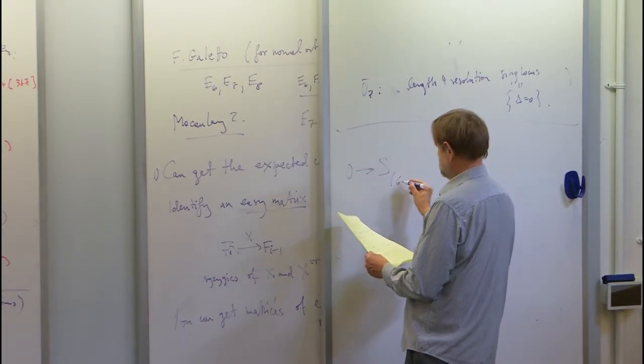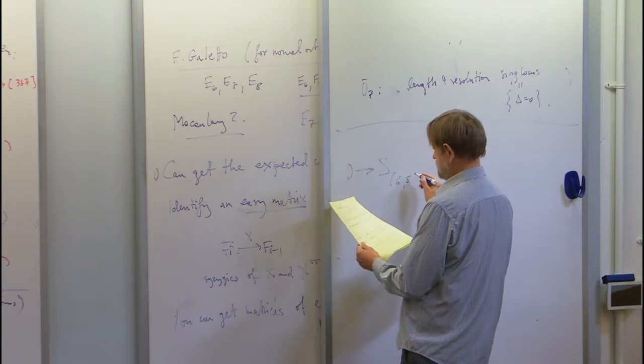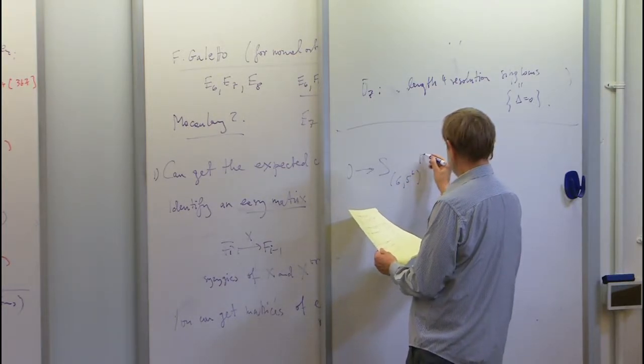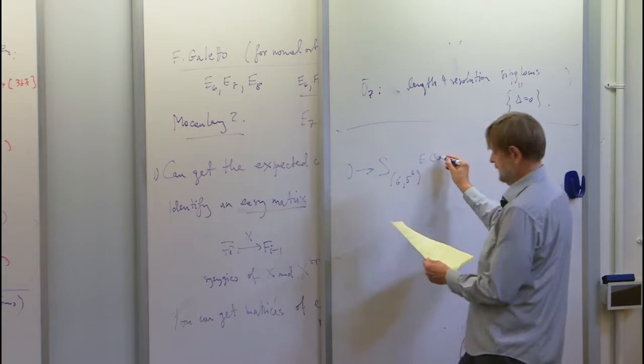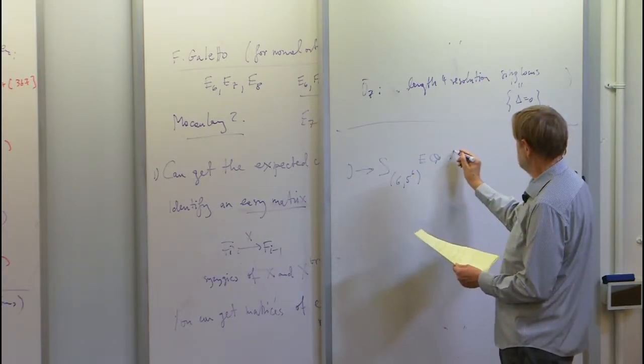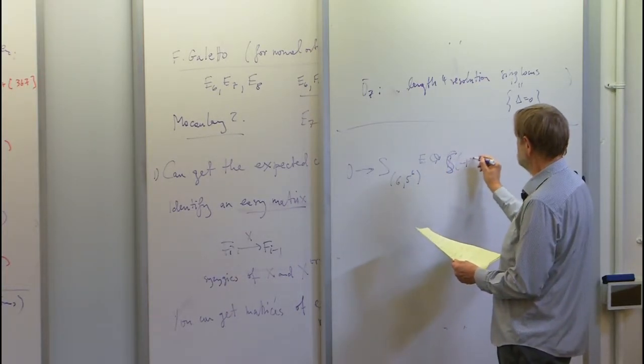E is my C7, tensor A, tensor S minus 12.